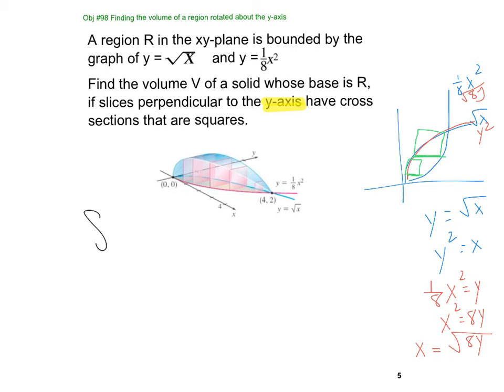So what's our right, the function on the right of the graph? The farthest right is over here, and that's the square root of 8y. Minus my left function, which is y squared. And then squared, right? Side squared, that's the area of a square.